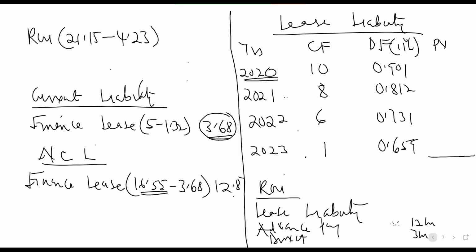My question is, won't the cash flow be 12 million? No, we have paid the 12 million already, which is at the beginning of the year. But the 2020 that I'm putting over here is at the end of 2020. The 12 million is paid at the beginning of 2020, so we can't use it.